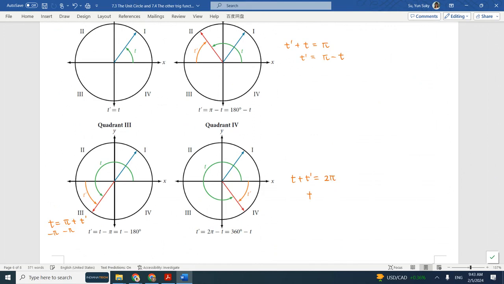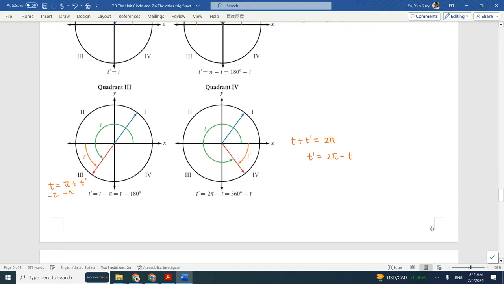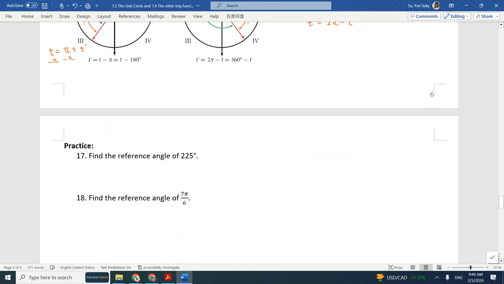Therefore, T prime is 2 pi minus T. This is the relation of the reference angle and the angle. Is that clear, everybody? All right, let's do exercises. Every time we draw a picture.